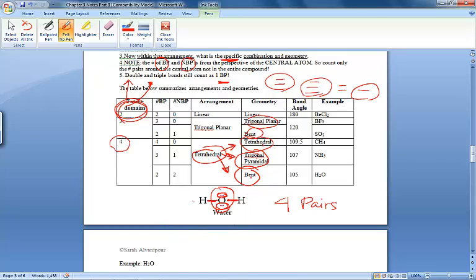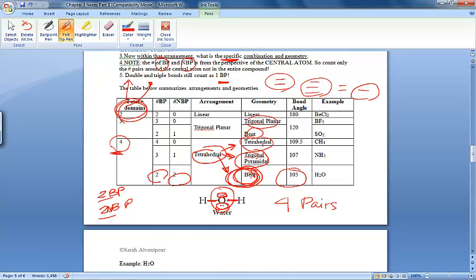Specifically, however, water has 2 bonds, that's 2 bonding pairs, and specifically 2 non-bonding pairs or domains. That's a 2-2 combination. So within 4, I'm going to look for the 2-2 combo, which means that water is bent. Water then has a 105-degree bond angle as opposed to the other types of tetrahedral compounds.